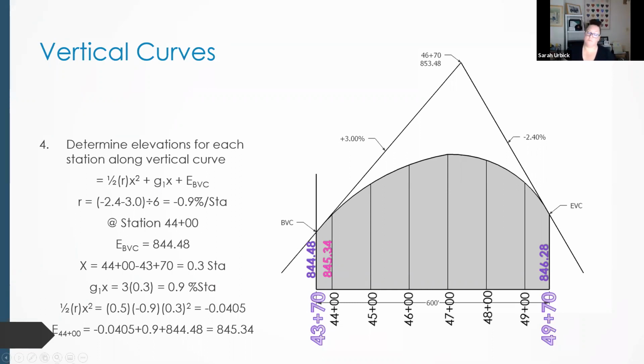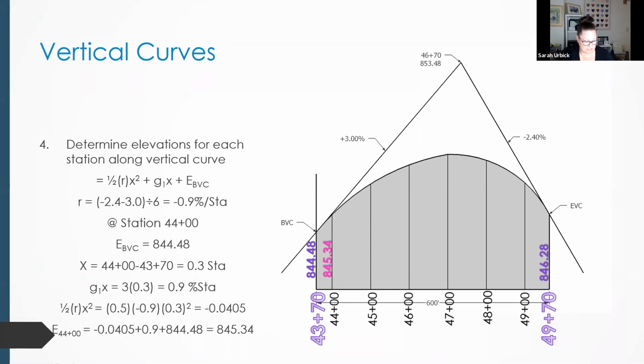So let's do some math. 6 squared is 36. 0.9 times 36, but that's a negative number. Take half of that, gives me negative 16.2. G1, we said, is 3%.